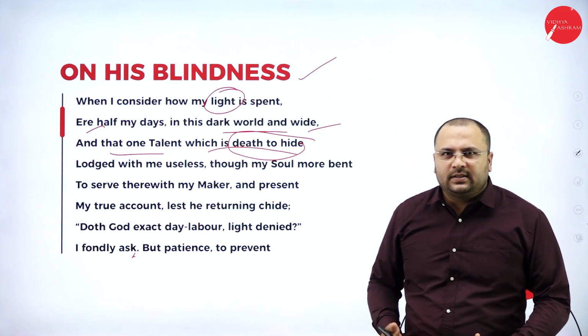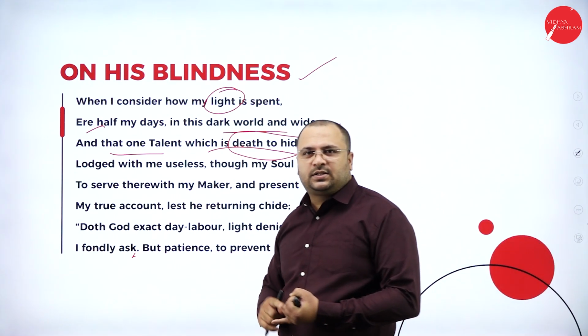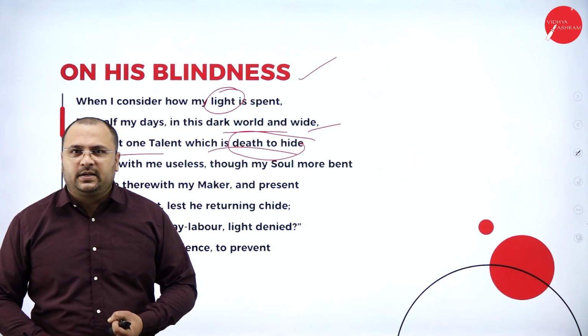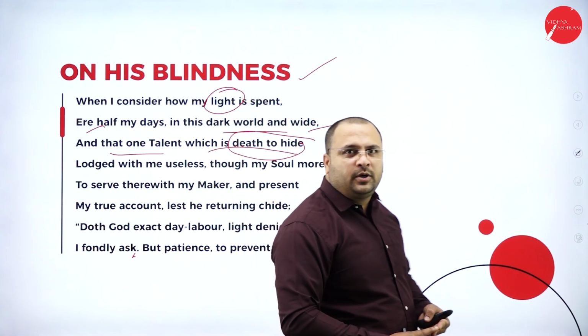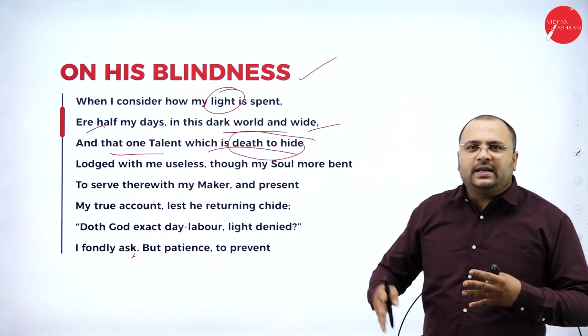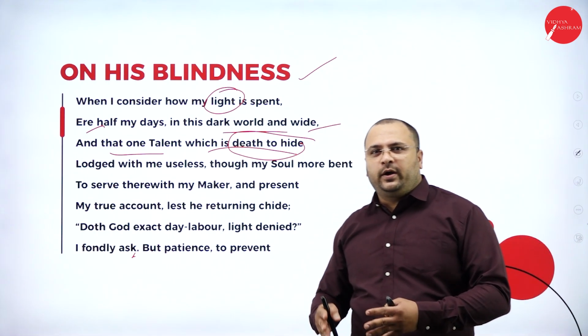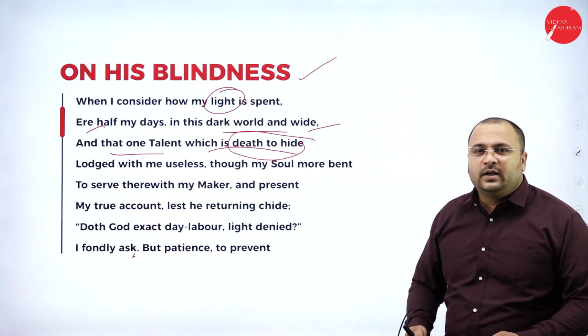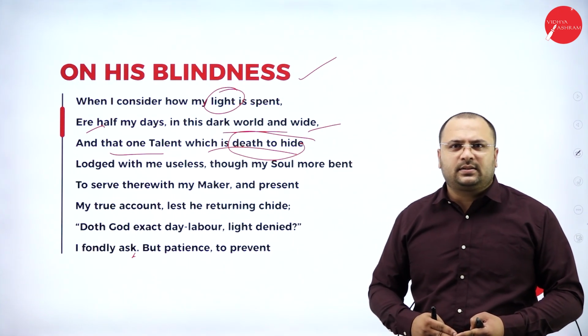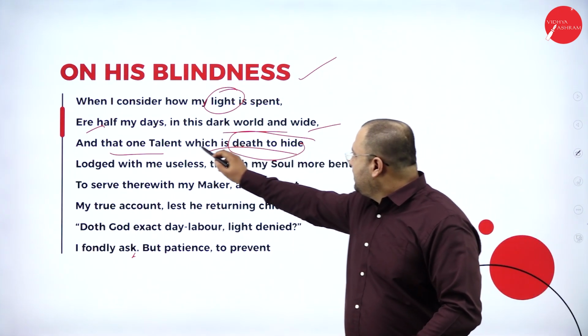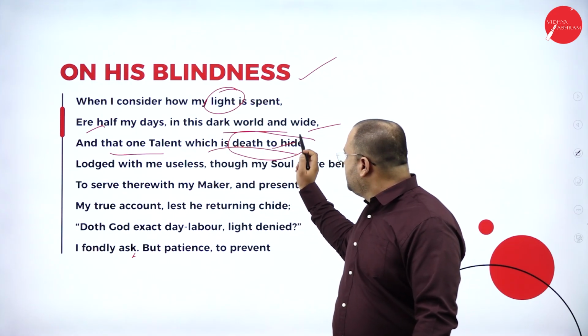You have a talent to sing, to dance, to draw, to speak, to debate, to compete, to run, to jump, to do good things. Having all these talents, if you did not show it to the people, if you did not display your talent, then your talent dies inside you. That is the meaning of "talent is death to hide."